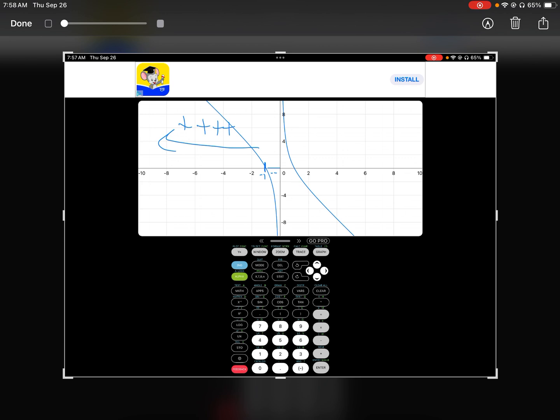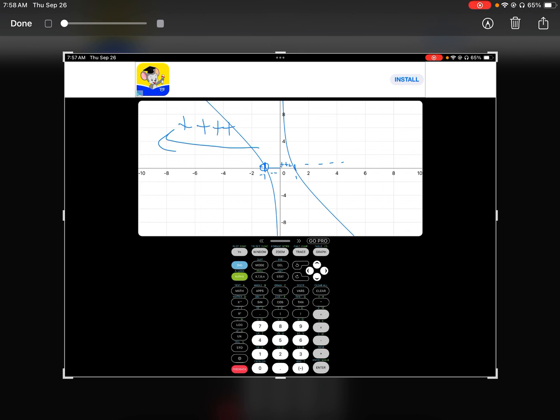And then from 0 to, looks like 1 is going to be positive. And then from 1 to infinity is going to be negative. Okay, so I'm coming up with this because I'm looking at the x values. So the x value from -1 out, the y values are positive. So that's where we get the pluses.